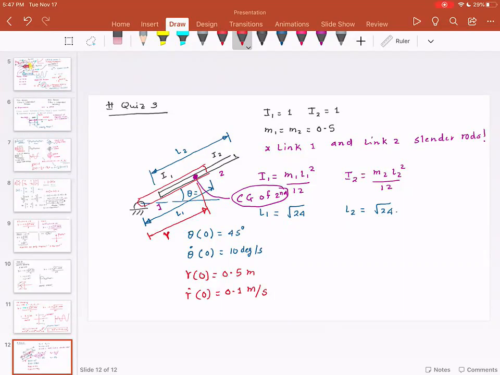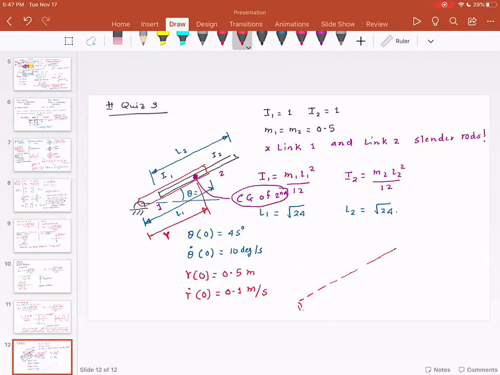Some of you may ask, hey, this r of 0.5 is too small. That's okay, because you can visualize this rod to be something like this.